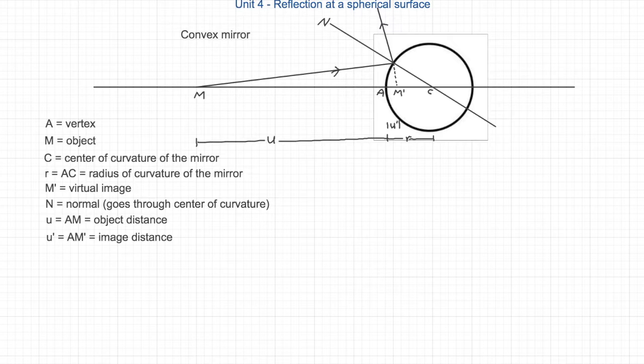Now, any arc on this circle has that same center of curvature.